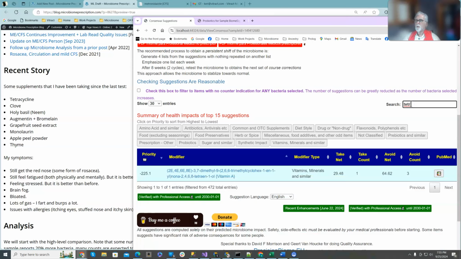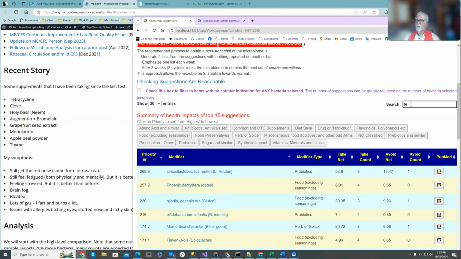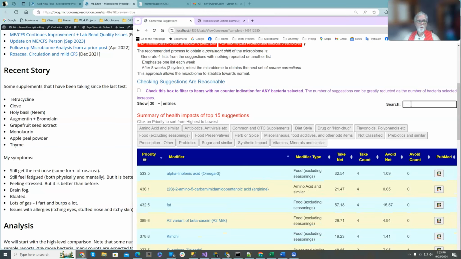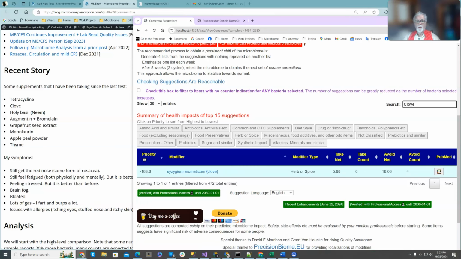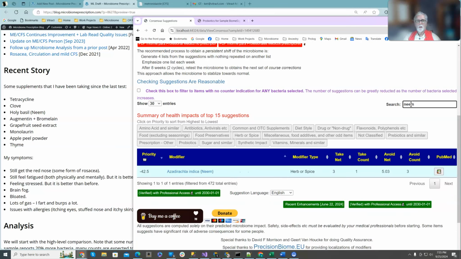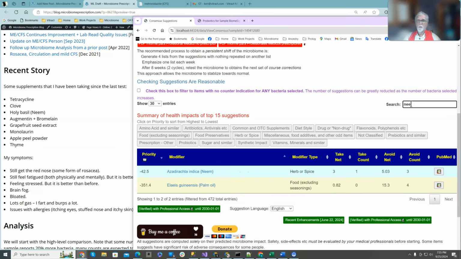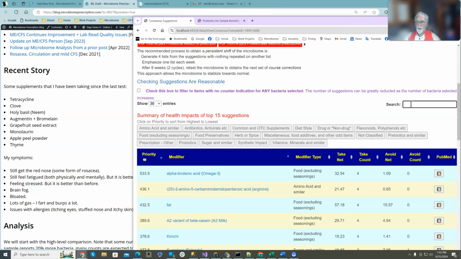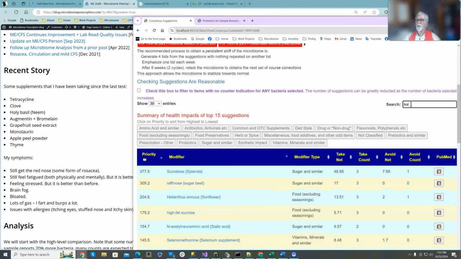Tetracycline, oh nope, tetracycline isn't there, so it has no apparent one. Let's try clove. Clove is a minus, in other words, it is going to push you in the wrong way. Neem is a minus. Remember, he has been doing this for a while, which means that these bacteria, which were legitimate requests from early samples, are now pushing things too much in the wrong direction.